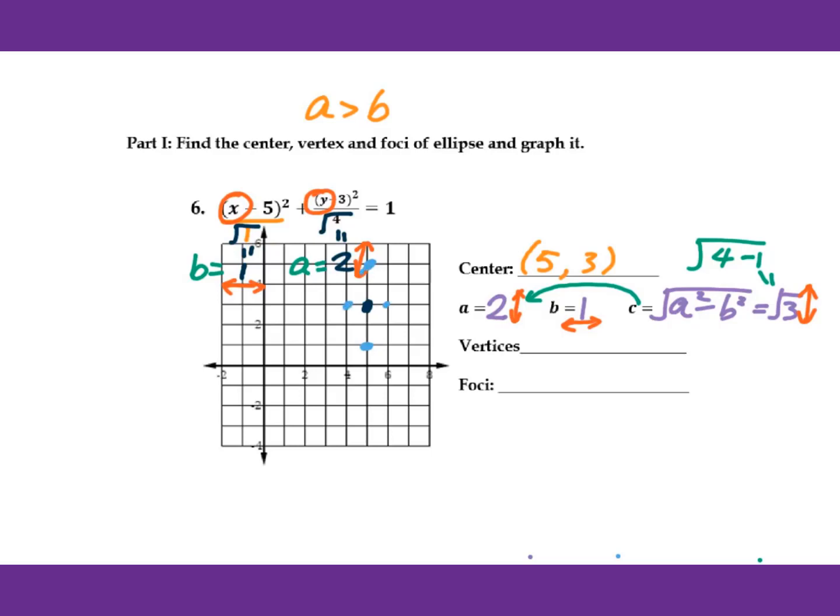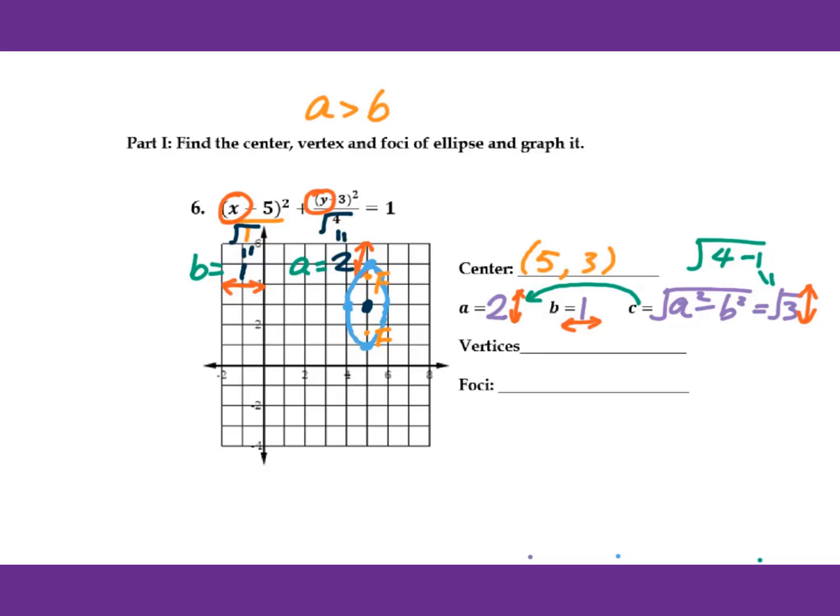Then connect these 4 points. Look at the foci. Go up square root of 3 units, then go down square root of 3 units. Square root of 3, that's 1 point something, so it's over here, over here. This will be F.